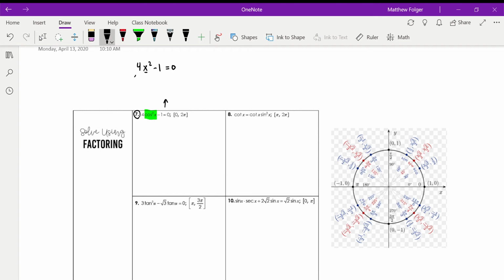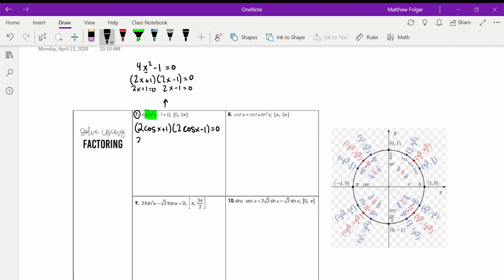That's a difference of perfect squares, and it factors as 2x plus 1 times 2x minus 1 equals 0. So thinking about how that works down here, this is going to be 2 cos x plus 1 times 2 cos x minus 1 equals 0. Now remember how we can now take both of these and set them equal to 0.